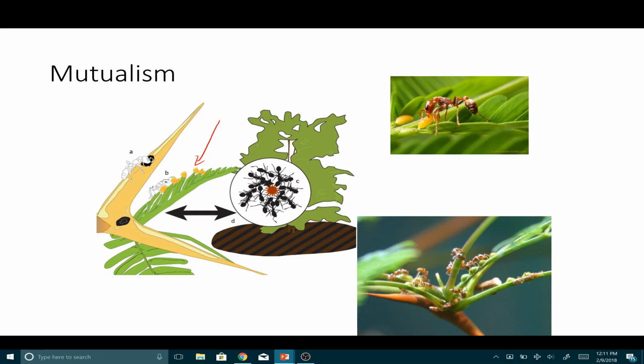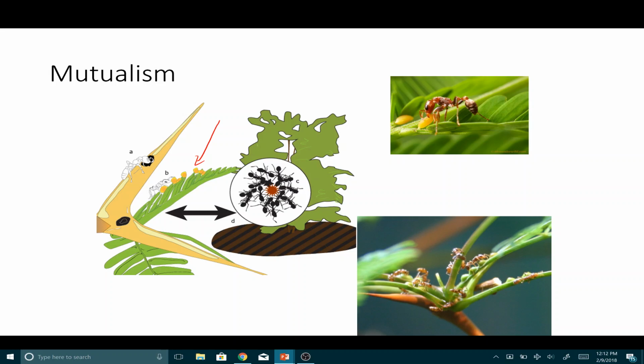The acacia ants help the tree by attacking any enemies. For example, giraffes like to feed on the leaves of the acacia tree. And so when the giraffe goes to feed on the leaves, the ants will actually attack the giraffe. Also, the ants will attack other plants that are competing for sunlight and water, for example, within a certain area of the acacia tree.